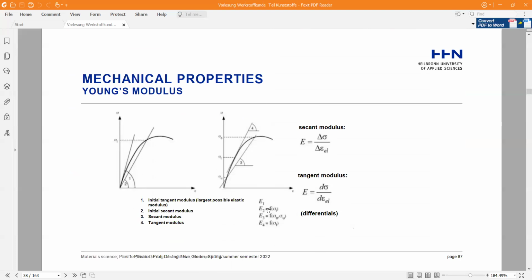Young's modulus, then the secant modulus, tangent modulus. Here, 1 we have initial tangent modulus, tangent elastic modulus, with 2 being the initial secant modulus, 3 secant modulus, and 4 tangent modulus.